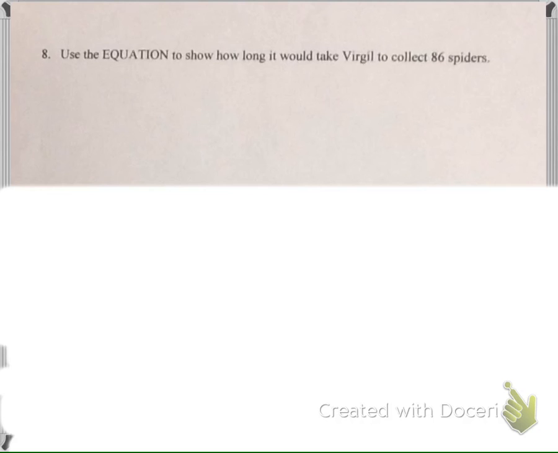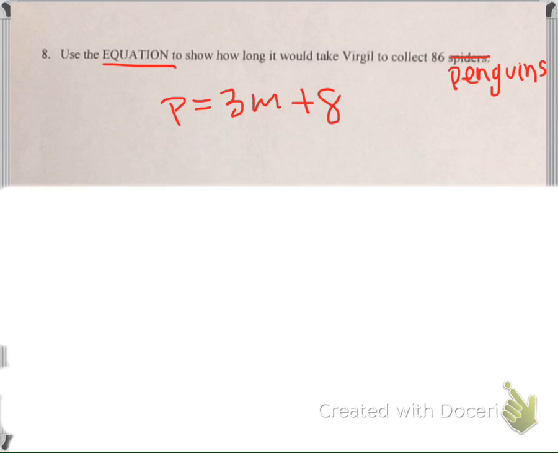Okay, number 8, use the equation again, which is P equals 3m plus 8, to see how long it would take Virgil to collect 86, and that's supposed to say penguins, not spiders, sorry. Okay, so again it's giving me penguins, and so I'm going to plug that in for P. I'm going to substitute it in.